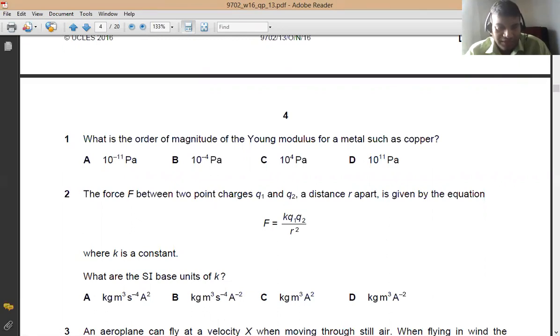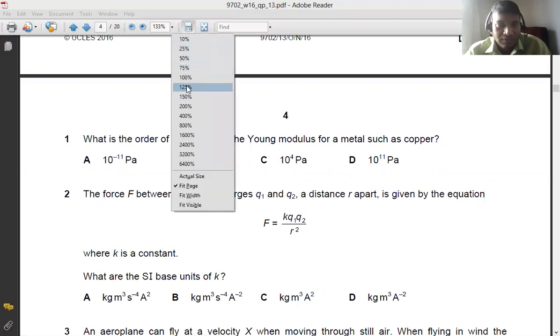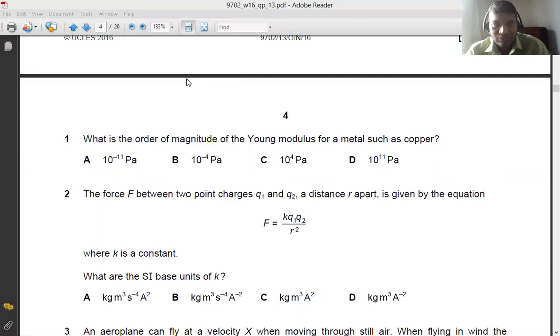Before attempting a question of this sort, first of all, you need to have a proper understanding of what Young modulus means. If you do not know what Young modulus is, that is going to be a problem.